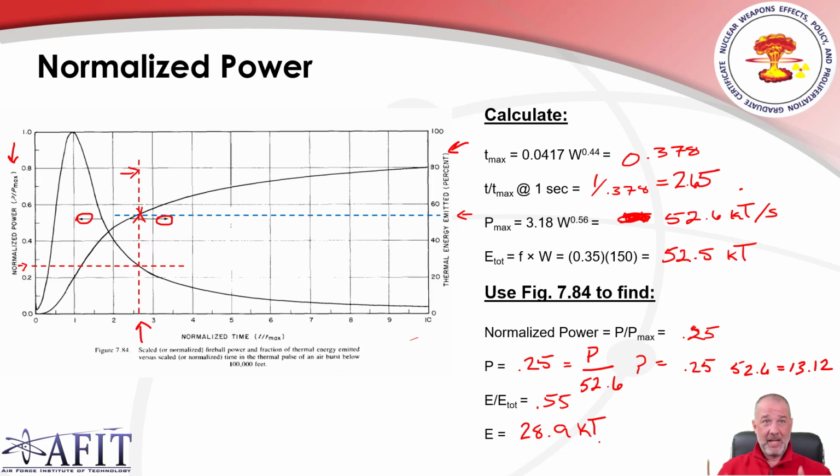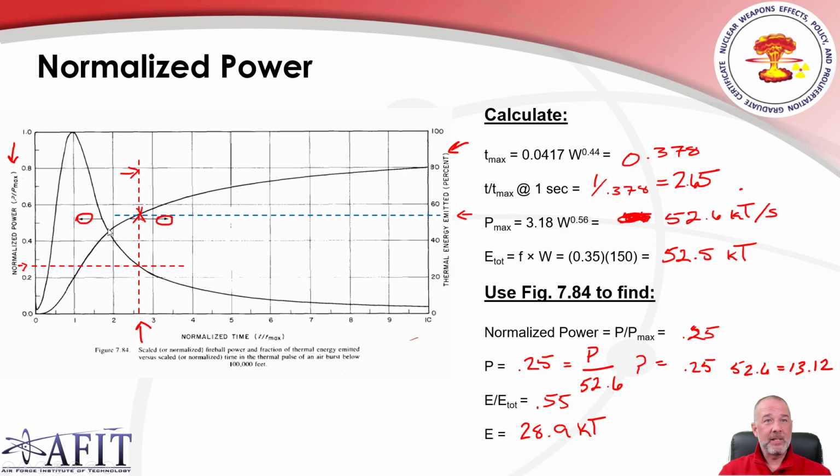These calculations and this plot are just to determine instantaneous power output and total amount of energy produced at some given point in time. And it should be obvious from the plots that as we move in time, our P over P max decreases rapidly. But our energy is still going up, our total energy.